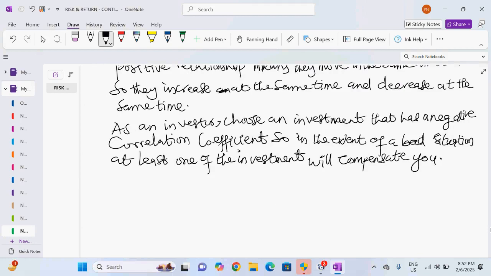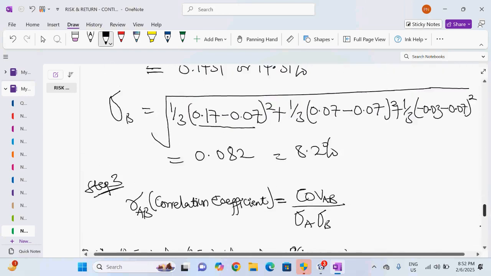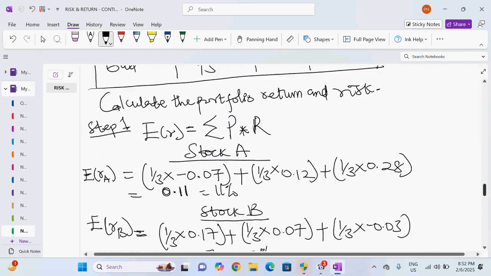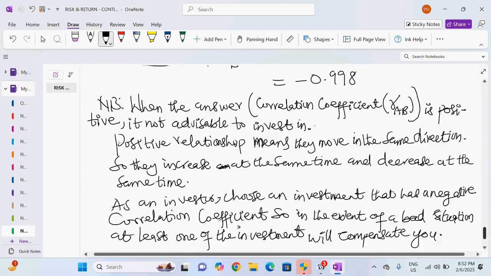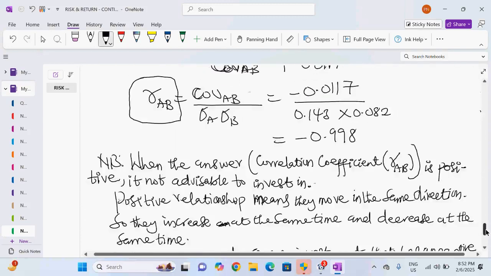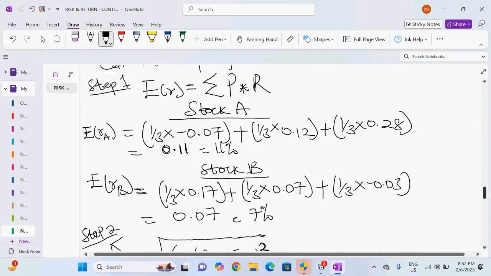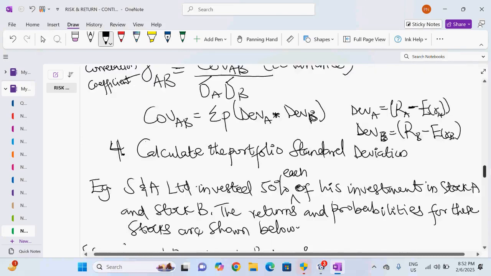Yeah, so what's the formula of the portfolio standard deviation? If you compute the portfolio return, so we can compute the return, then we come to the standard deviation. Now let's compute the return. Compute the portfolio return and standard deviation.